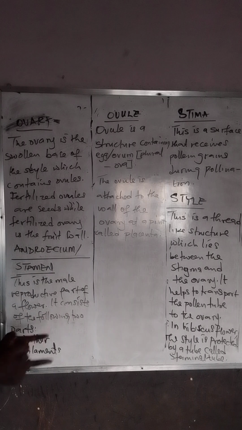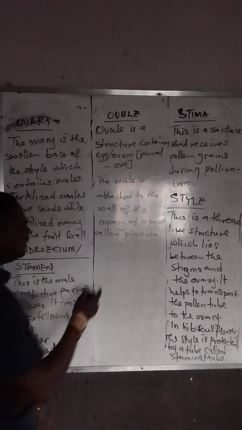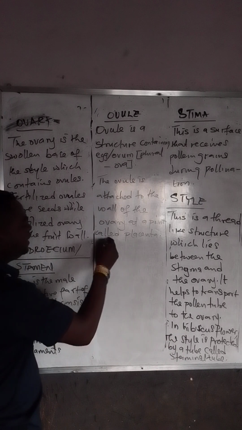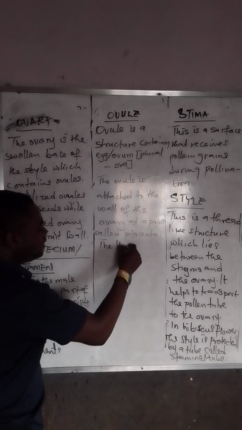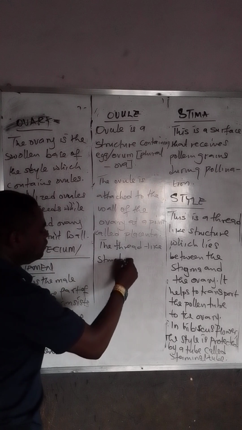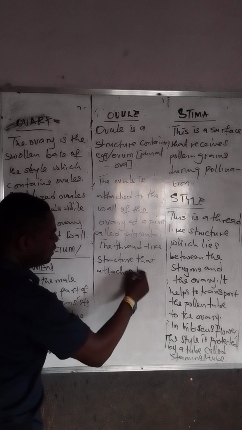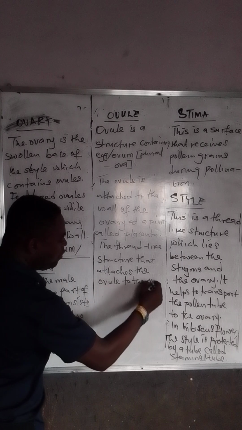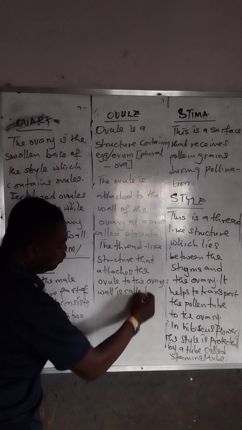So the ovary in flower is representing womb in human being. Now, unlike in human being, the ovary is separate. Now, the stalk, the thread-like structure that attaches the ovule to the ovary wall is called funicle.